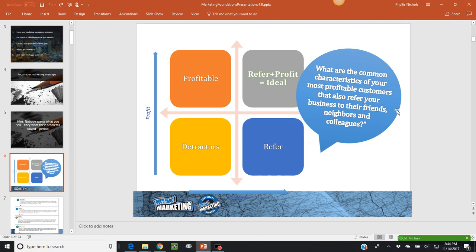So you may find, for example, when I did this in my business, one of the things that I found that I had really not understood before was that most of my clients are women business owners, which was not new information. But one of the other characteristics that they had in common is that they are likely to be the public face of their company.